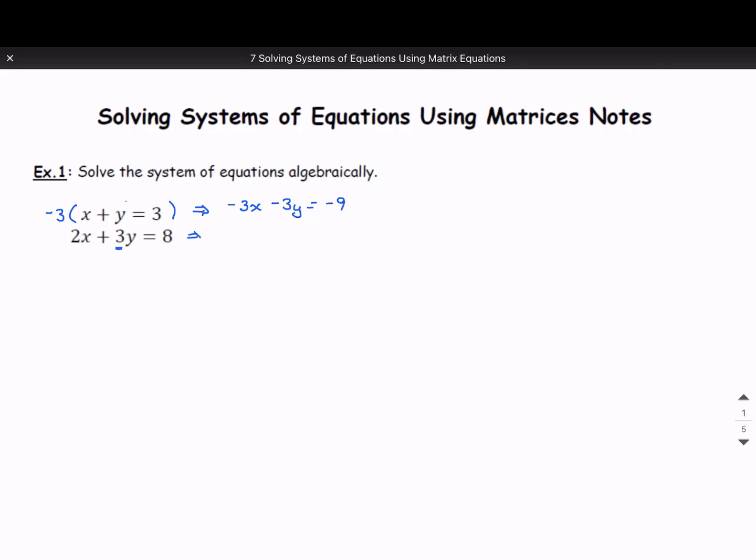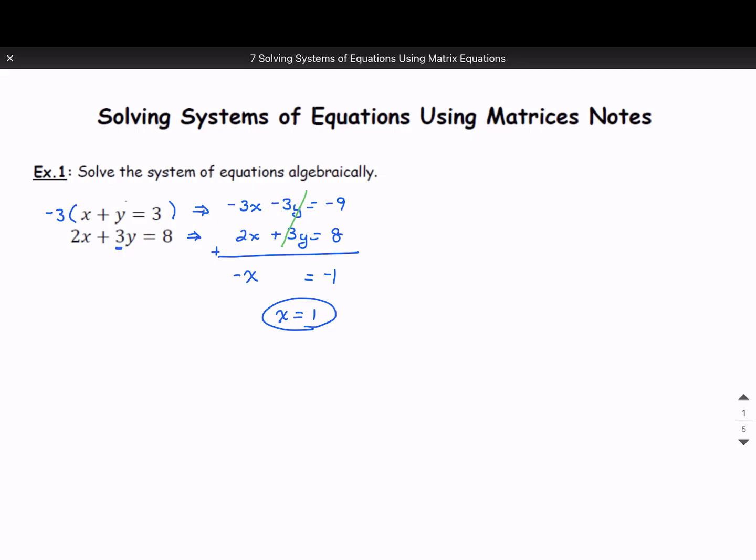And I'm going to bring over that second equation, 2x plus 3y equals 8. Now, when I add the two equations, I'll have -x, the y's add to 0, they have been eliminated, equals -9 plus 1 is -1, which means x is positive 1. If x is -1, then positive x is positive 1.